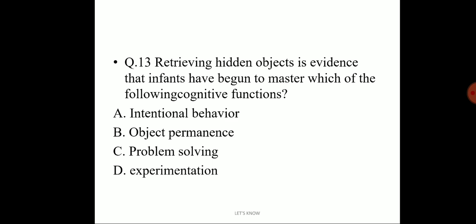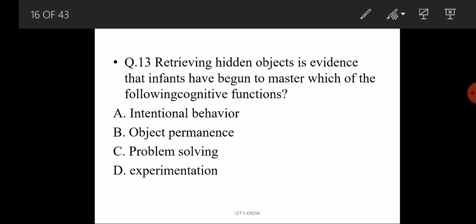That means something is hidden from him, but once he has visualized it, he will feel that this thing is existing at that time, although it may not be present here. So our correct option will be object permanence.